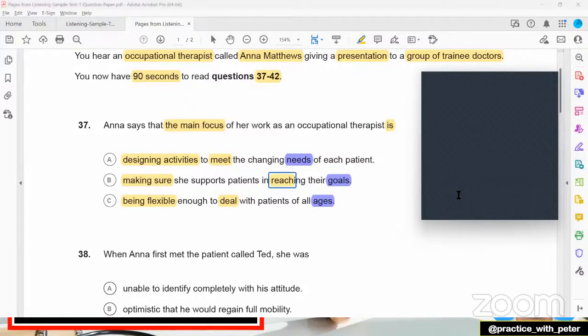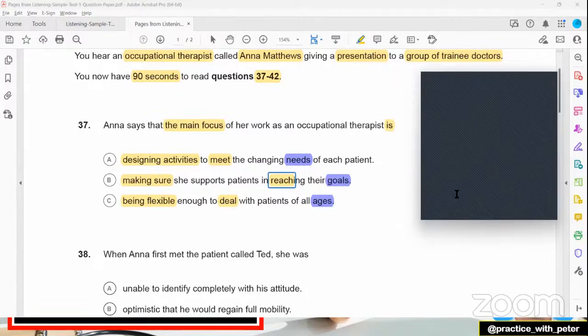You will not listen to the same words. You will listen to different words there. So you have to be ready with the words. Yes, center of attention.